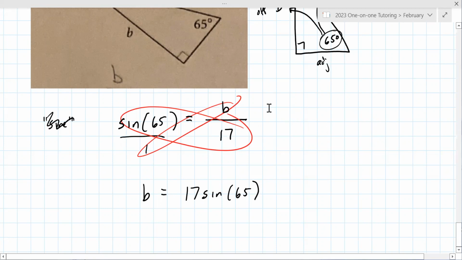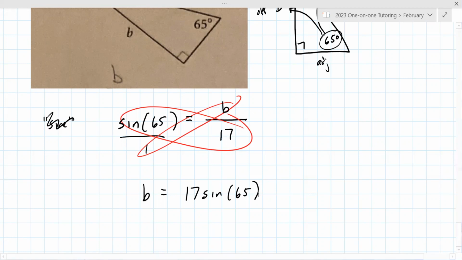So would I type sine first, or would I type 17 first into a calculator? You want to enter it exactly the way it's written, and the number comes before sine. Sine 17 times 65. 19.